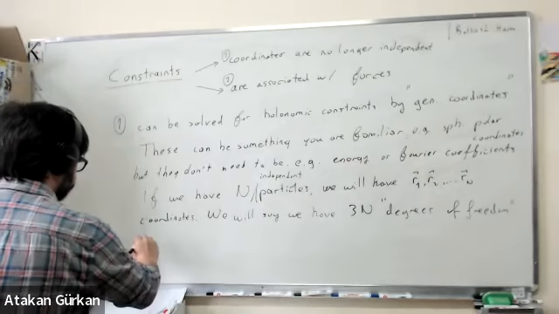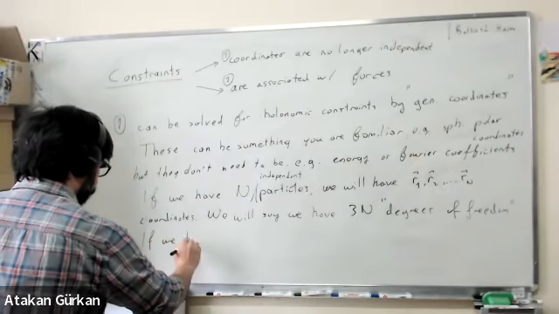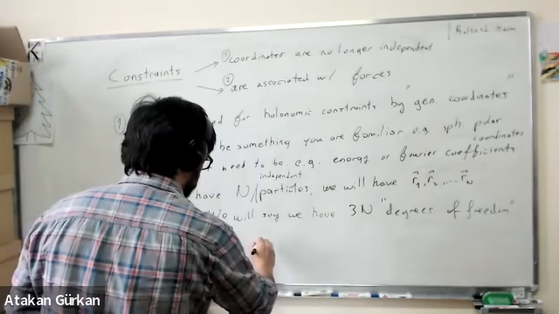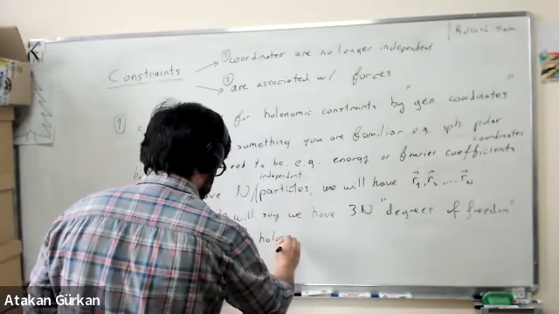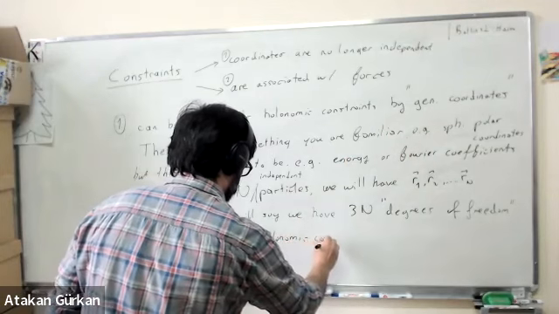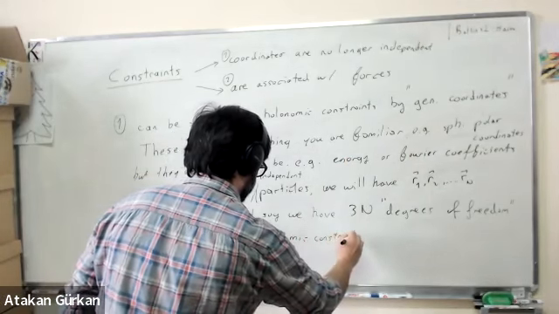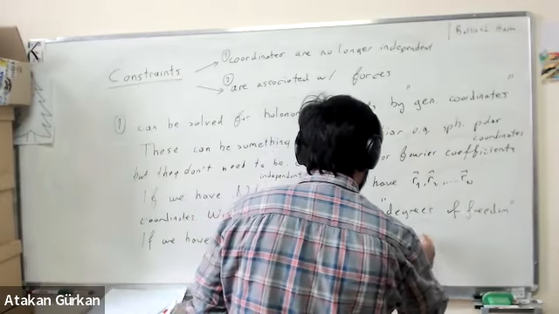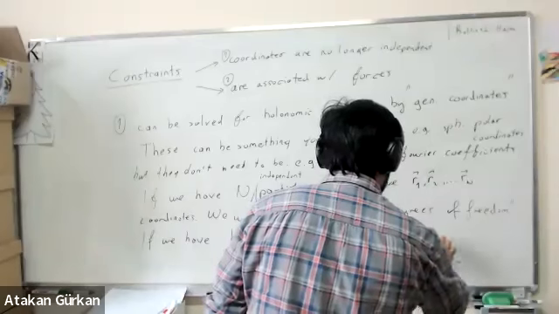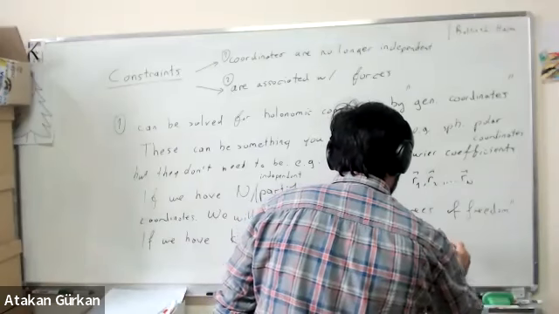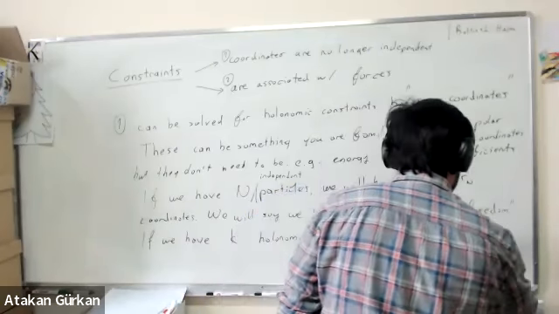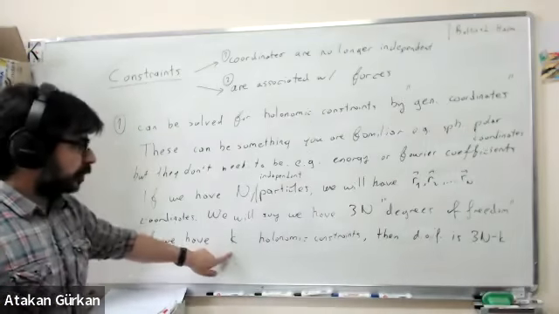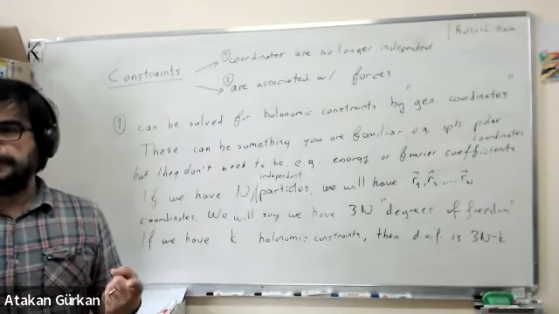If we have k constraints, then we're going to have k kinematic relations.